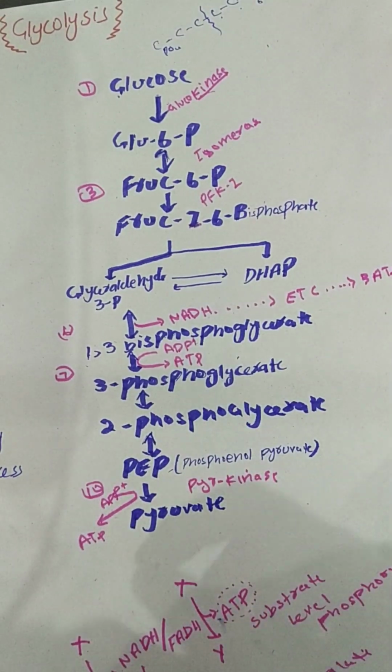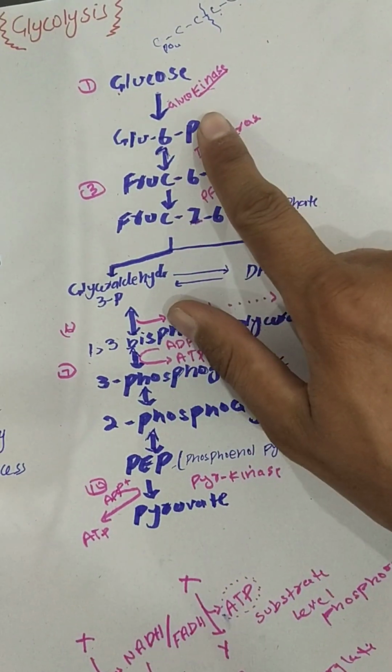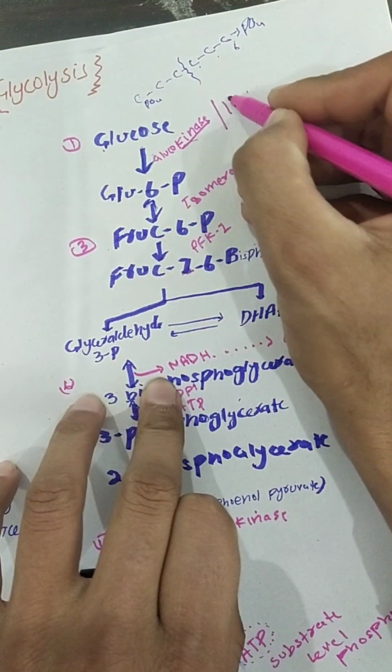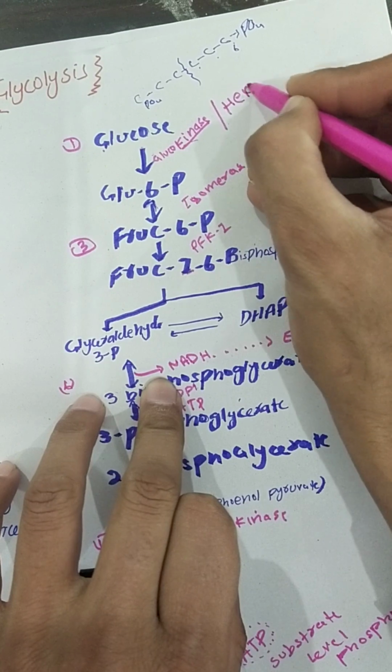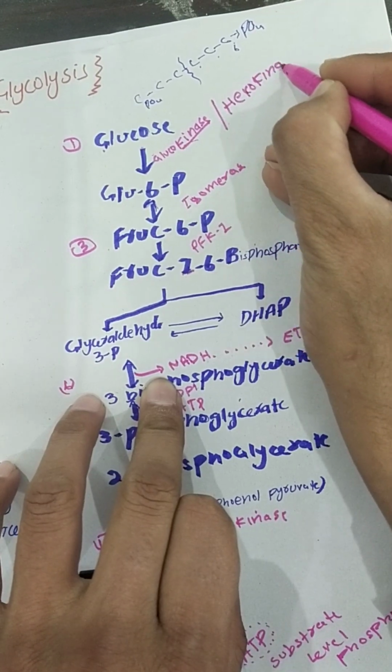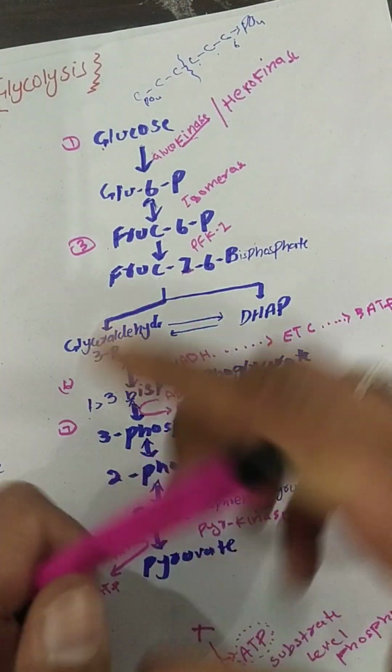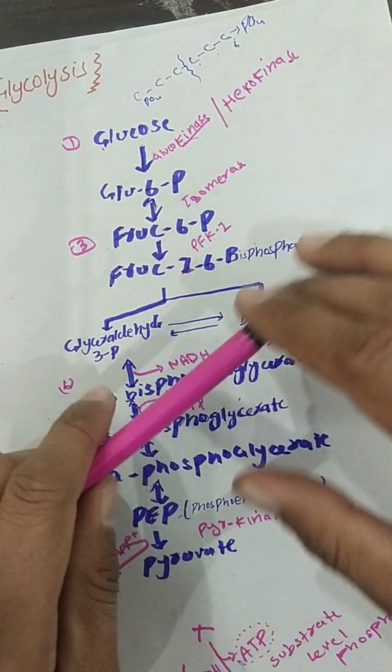Okay, and one more thing, this enzyme glucokinase, and here we have another enzyme which can be used, hexokinase. So what is the difference between glucokinase and hexokinase? Hexokinase is a kinase.